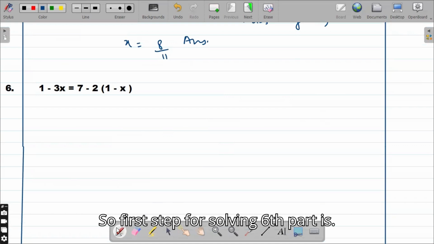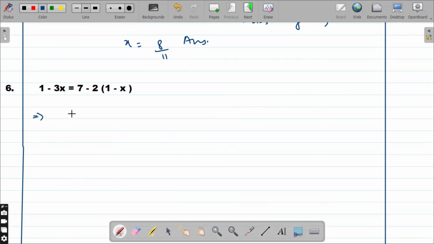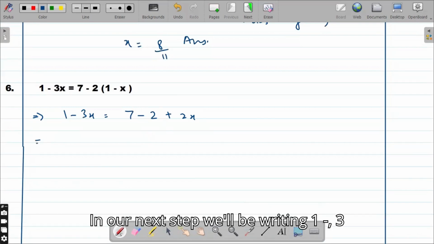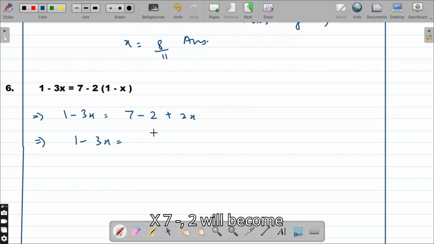So first step for solving sixth part is 1 minus 3x equal to 7 minus 2 plus 2x. So how we will solve it? In our next step, we will be writing 1 minus 3x, 7 minus 2 will become 5 plus 2x.